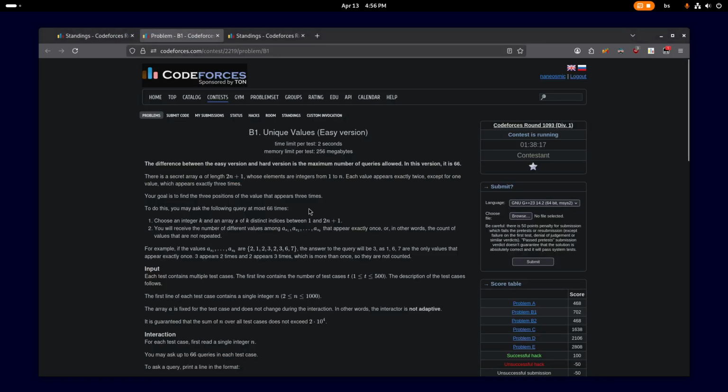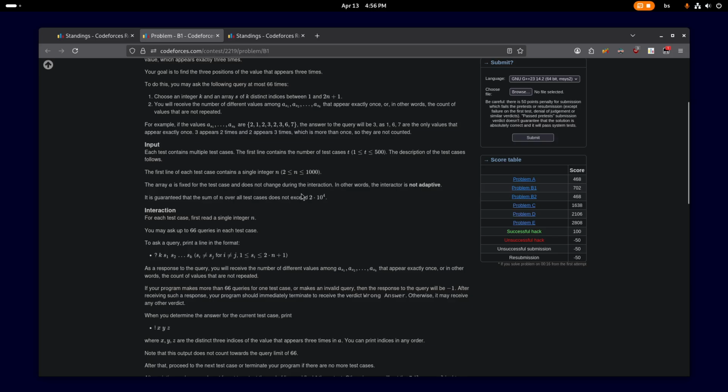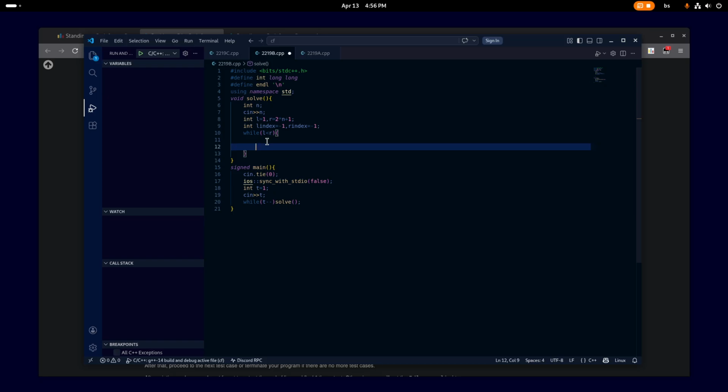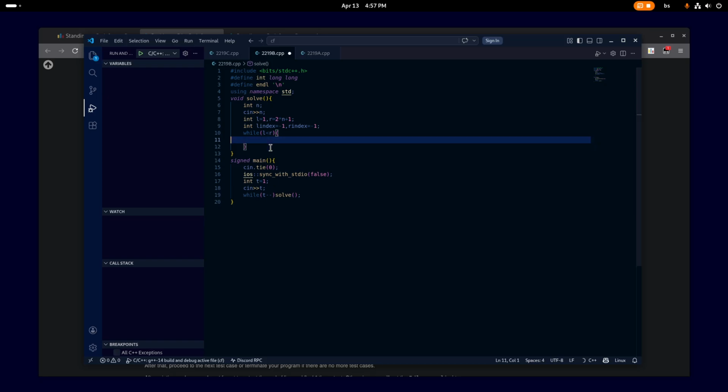So you need about log n operations to find one index, log n to find the second one, and log n to find the third.